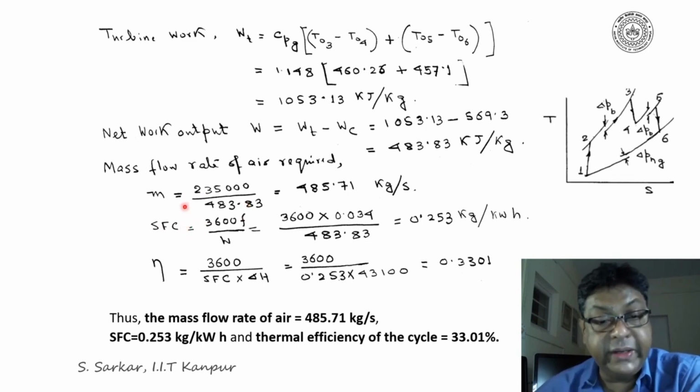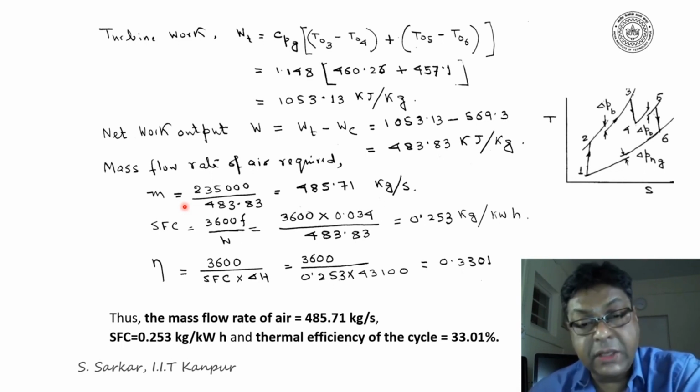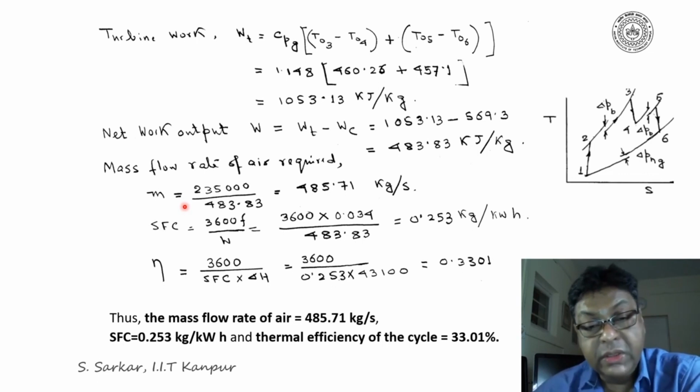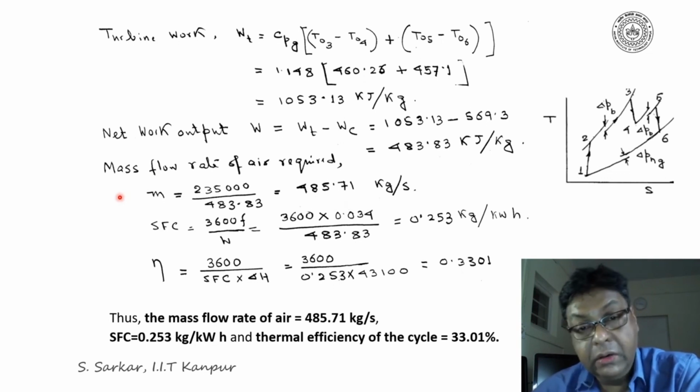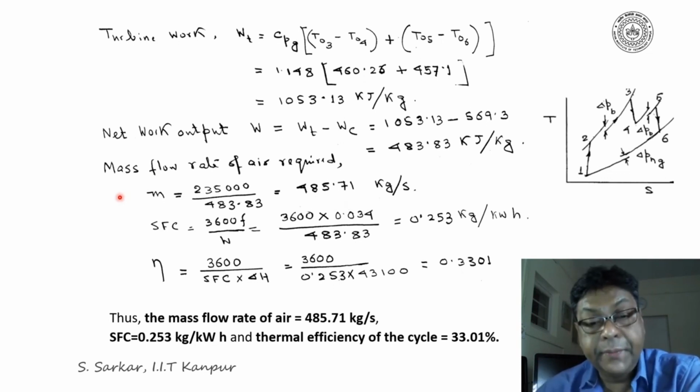It has been stated that power developed is 235 megawatt. The megawatt I have converted to kilowatt, and I have divided by specific work output, that is 483.83, and thus I have got M is equal to 485.71 kg per second. So I have evaluated mass flow required of air.